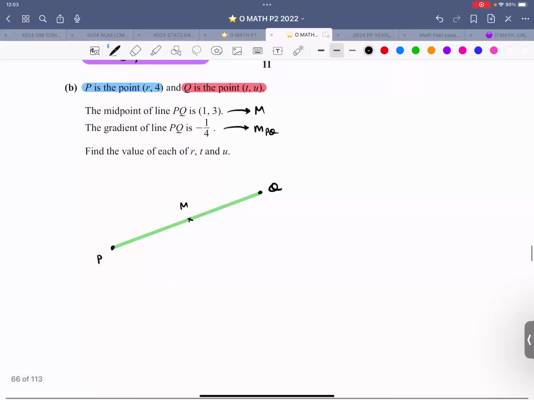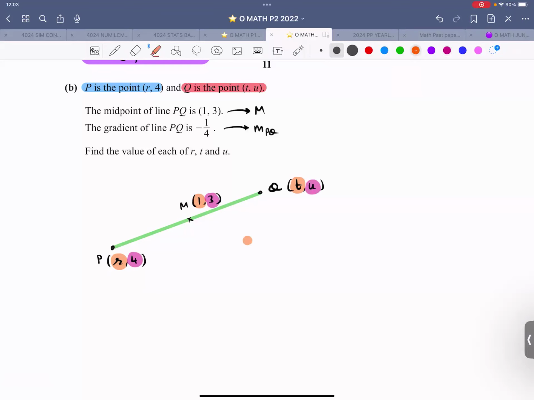So now, first of all, P is (R, 4). Q is (T, U). M is (1, 3). Now focus on the alphabets. First focus on R, focus on 1, focus on T. Similarly, focus on 4, focus on 3, focus on U. The average of the x coordinates, R plus T divided by 2 equals 1.